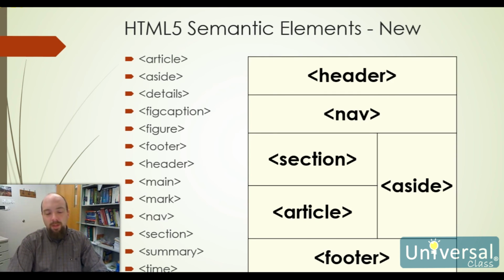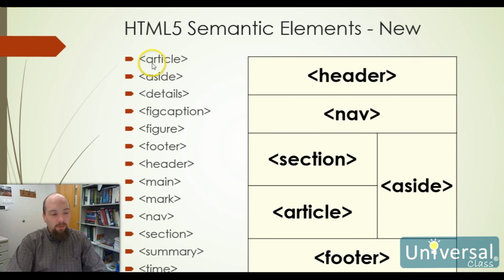But the problem is that if I want my website to be indexed, Google, Yahoo, all of them, they don't know what that information represents. So they have provided us with new semantic elements to provide a means for browsers and for search engines to understand the different elements that are on our page.